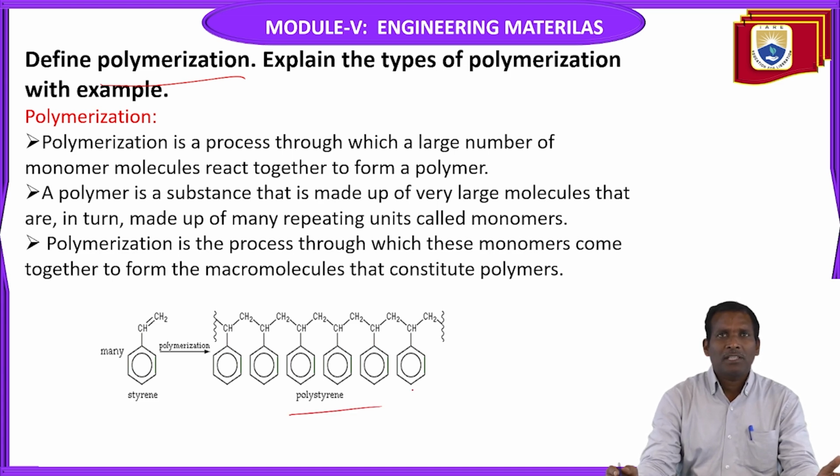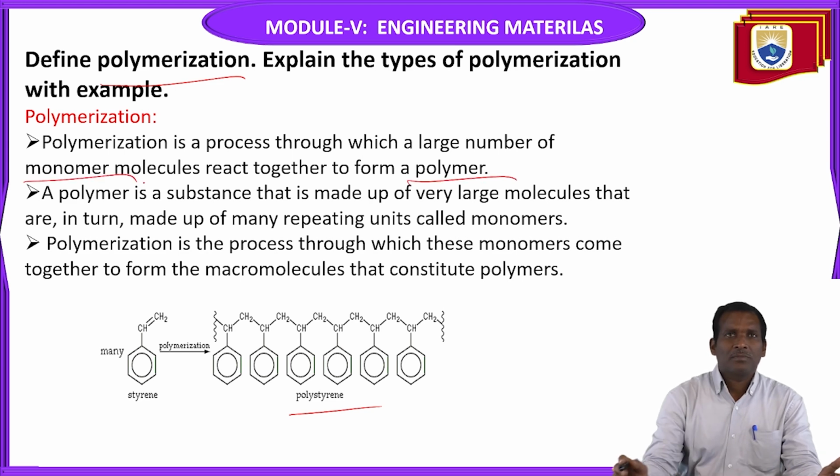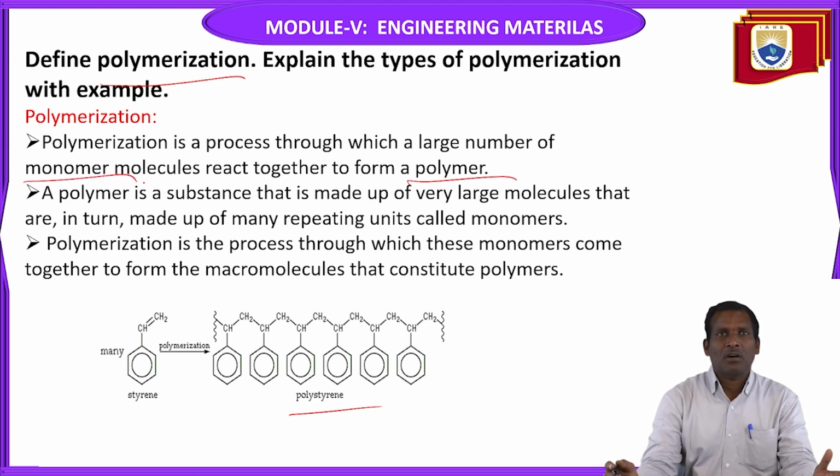Polymerization is a process through which a large number of monomer molecules react together to form a polymer. Here, two or more monomers, a large number of monomer molecules, combine together to form a big polymer.